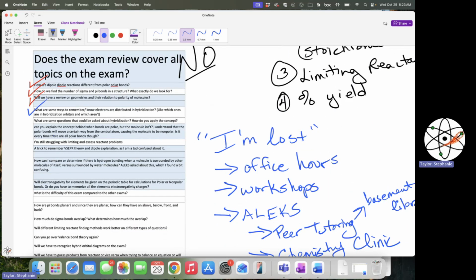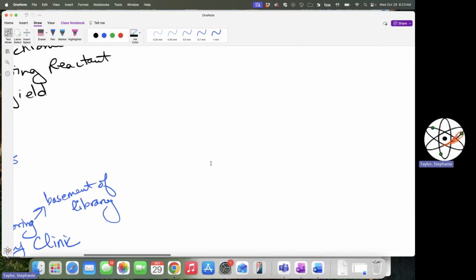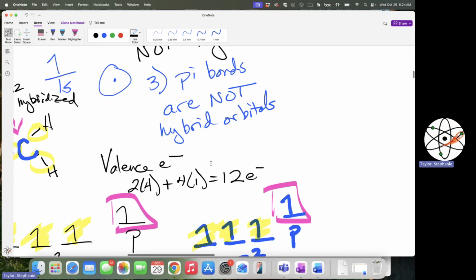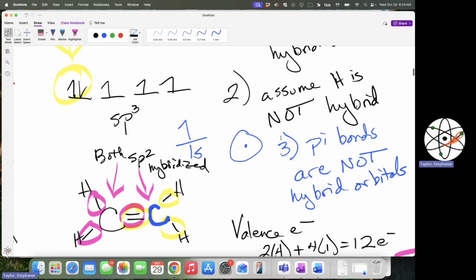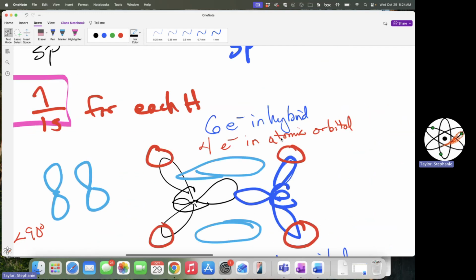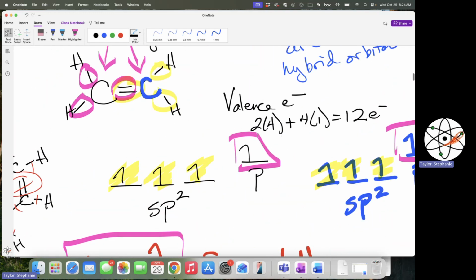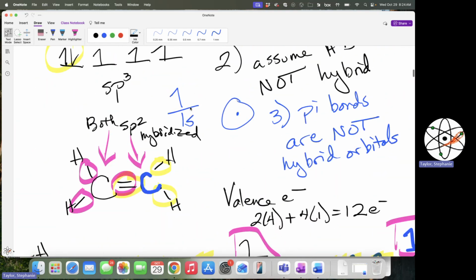What are some questions that could be asked about hybridization? How do you apply the concept? I'm hoping that the example I just did can go over that, because essentially for the drawing that we just did, for either the ammonia molecule or for the more complicated one with carbon and the double bond and the 4 hydrogens, we could make a list of true and untrue statements, either about how the sigma and pi bonding works or how the hybrid orbitals work.